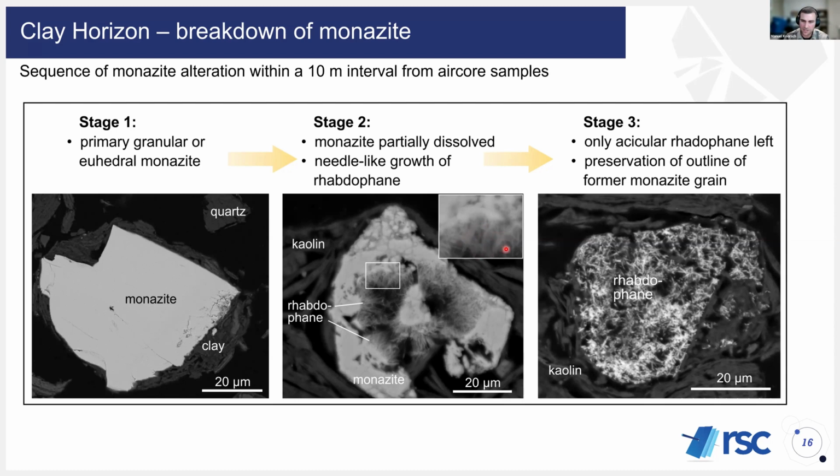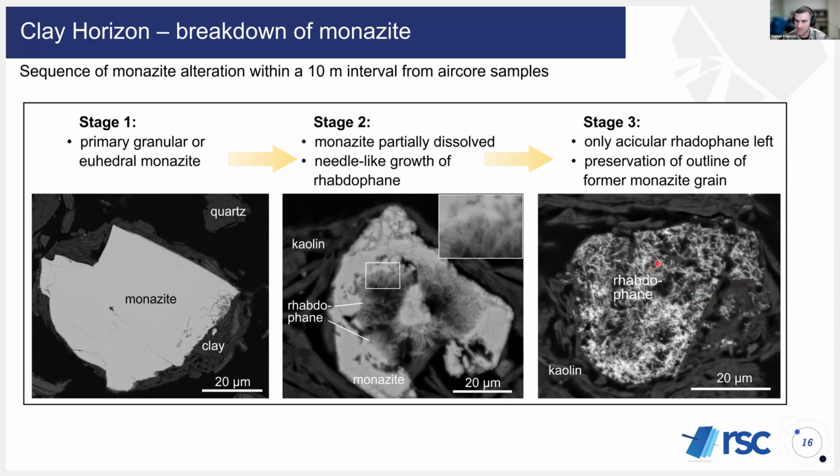So then this part here would be the secondary rare earth mineral phase, and that would be the relic primary one. So you see both rare earth deportments in one image here. And if the process is complete, that's a texture we see quite regularly in those deposits, is that you just have that outline preserved of what used to be a monazite grain.